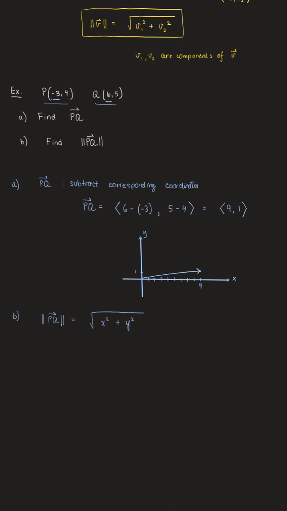Now the components are 9 and 1. You could call this v1, v2, whatever you would like, so v1 squared plus v2 squared also. So we'll do 9 squared plus 1 squared, and that's going to be the square root of 82. So the length of this vector is the square root of 82.